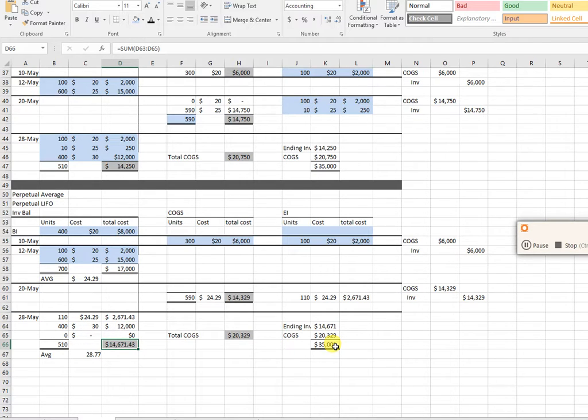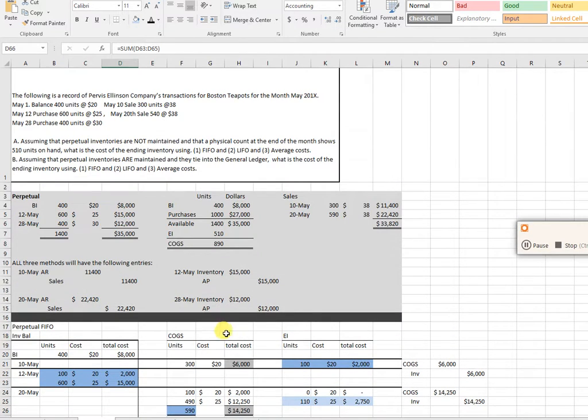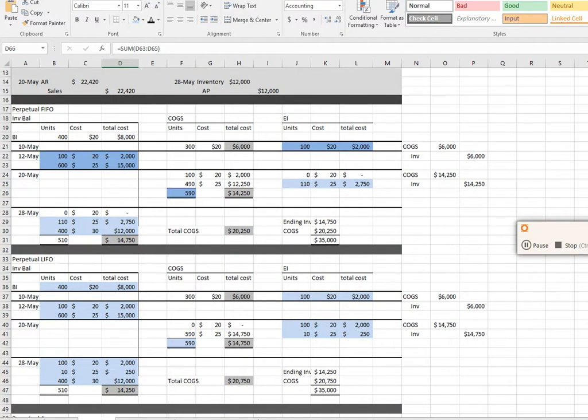So for my check figure, this one you may be a little bit off, but again, note that in periods of inflation, which I have here, where prices are going up, the one with the lowest net income is the one with the highest amount of costs.